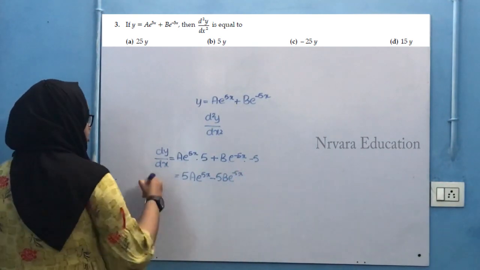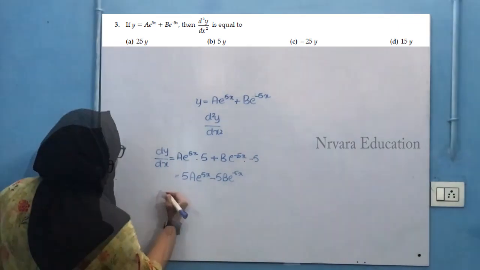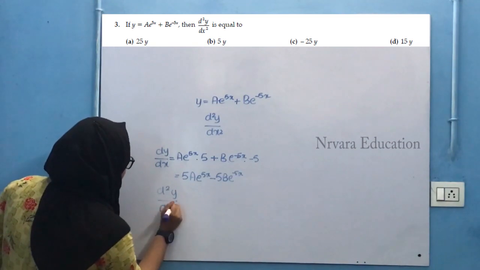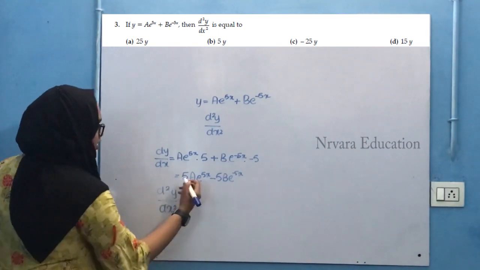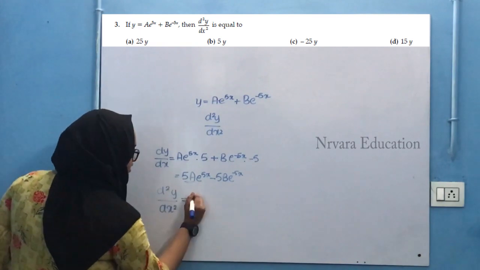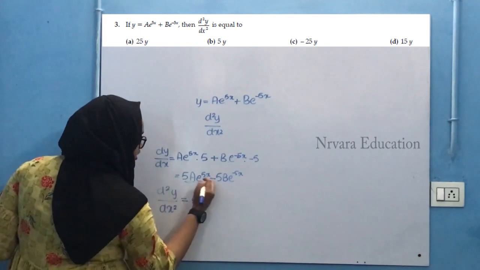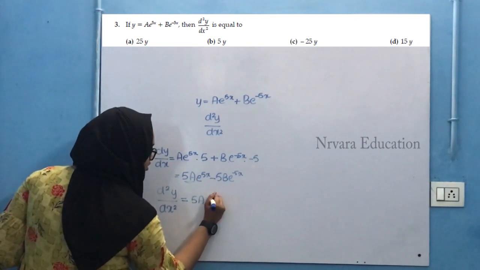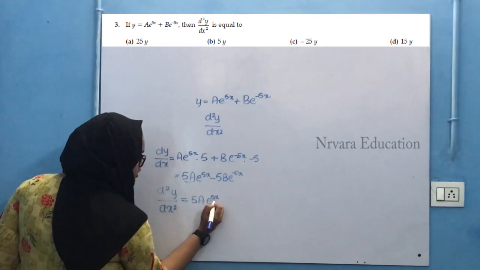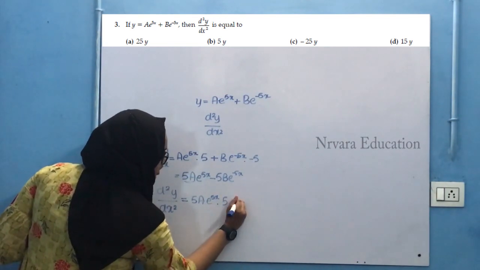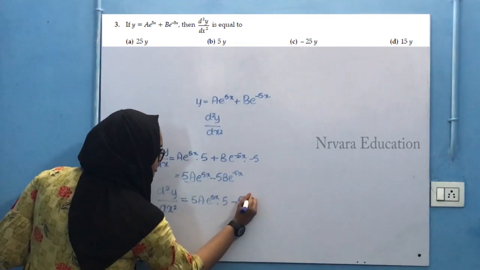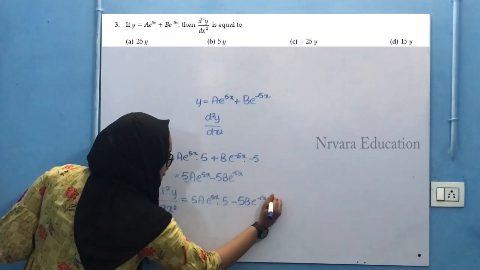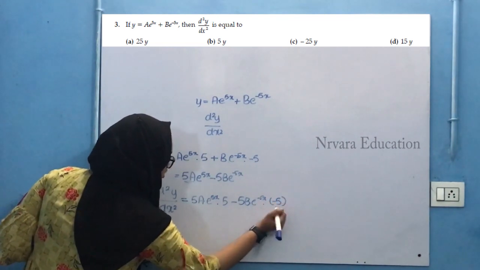Now for the second order differential, we need to differentiate this once again. Now this will be d square y by dx square. Since a and b are constants, they'll just stay the same. Again, e raised to any number will be e raised to the same into the differentiation of the power, which is 5. Again, minus 5b will remain the same, e raised to minus 5x into minus 5.